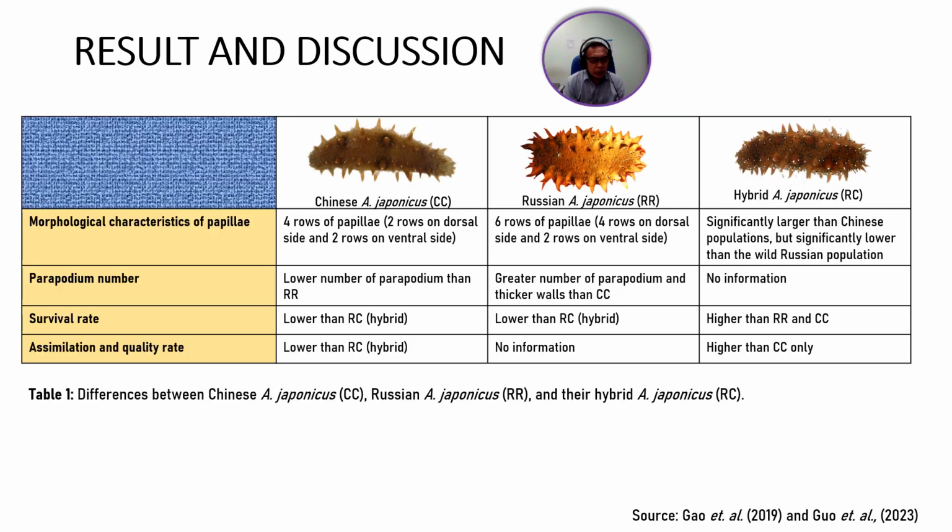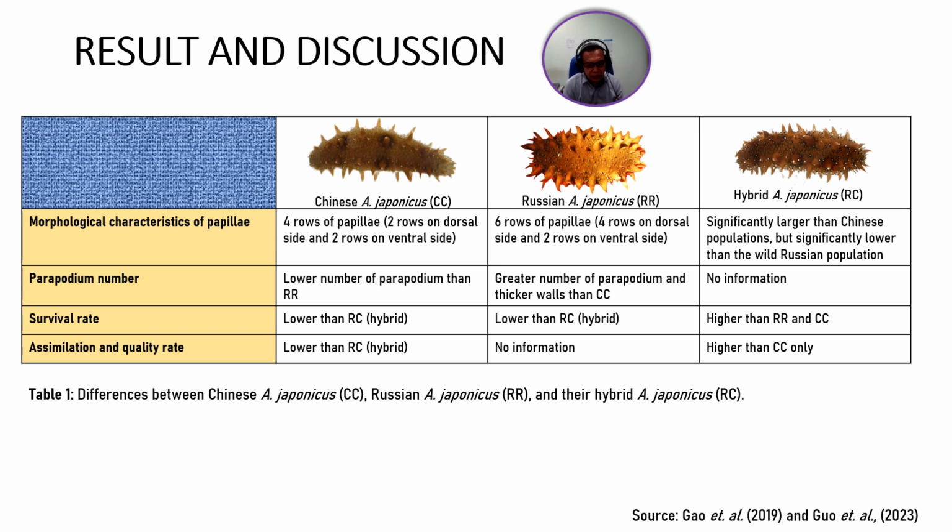This table shows the differences between the parent species and its hybrid. For the survival rate, the hybrid has a higher rate than the parent species.